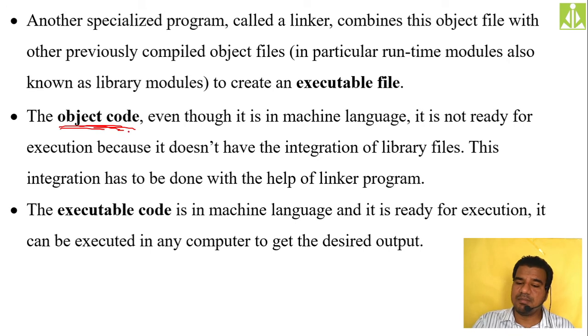But even though it is in machine language, it is not ready for execution because some of the library files or the pre-compiled modules are missing in this object code. That's the reason it is not ready for execution. But the executable code, it is the collection of all the library modules, pre-compiled modules and the object code. And executable code, it is ready for execution.